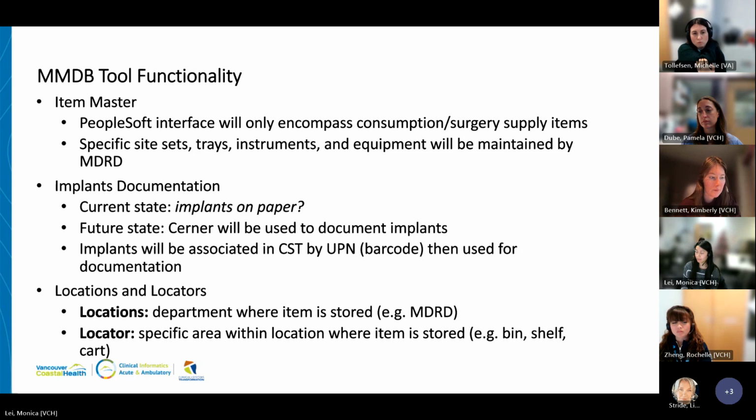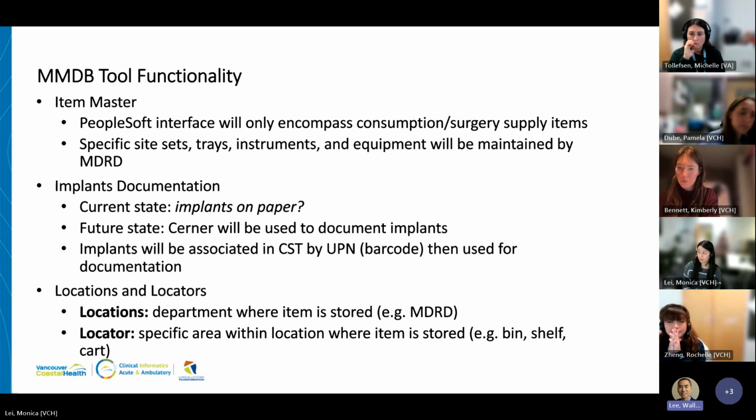Okay, so it sounds like you're only potentially storing items in Cerner at the highest level, and not at a detailed bin, shelf, cart level. Is that what I'm hearing? We don't have any locator inventory.